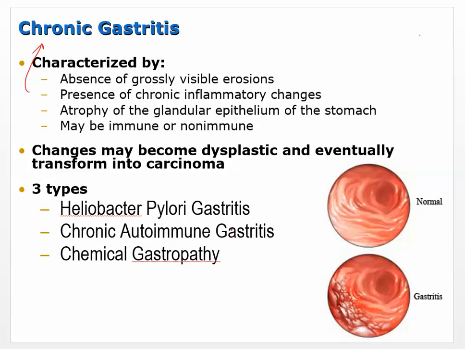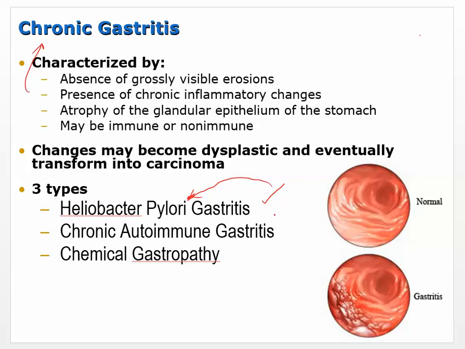So there are a few different types. Helicobacter pylori, this is what is infamous for causing ulcers, but it can cause this gastritis as well, and then may progress to cause ulcers.